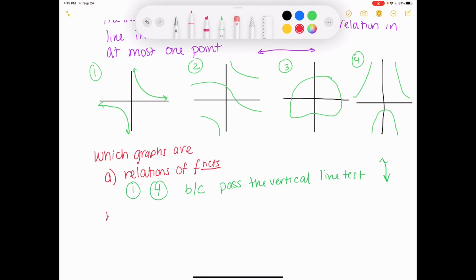And then part B: which of the graphs are relations that have inverses that are functions? With this one, we're checking the horizontal line test.